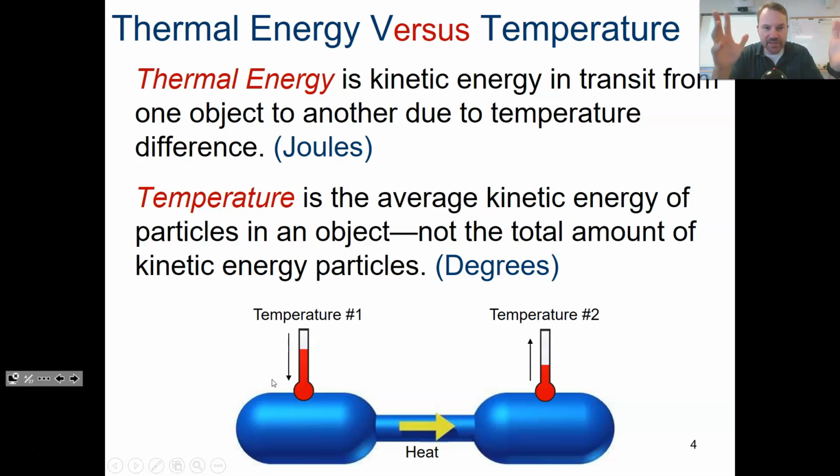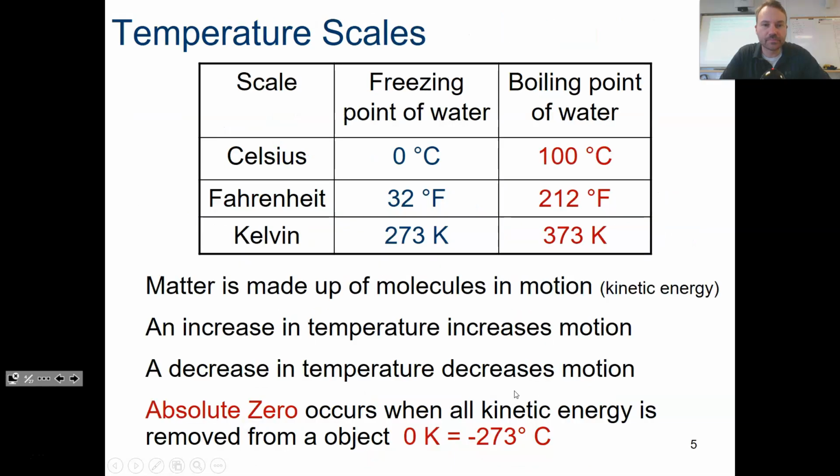They have a lot of speed, and that's what we call temperature. Temperature is the average of all of the speeds of the molecules, and energy is what's transferring. So this has temperature. Heat is going to flow to the colder thing. The heat that we flow we call thermal energy, and the temperature is how fast the kinetic energy of each of the particles inside of the object.